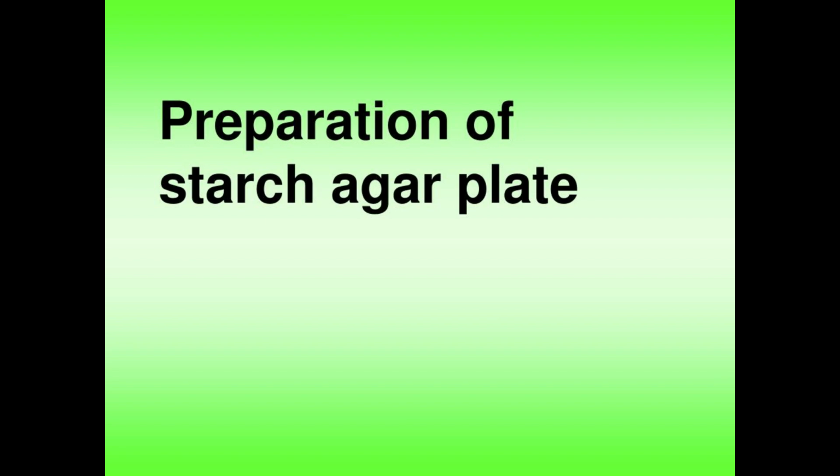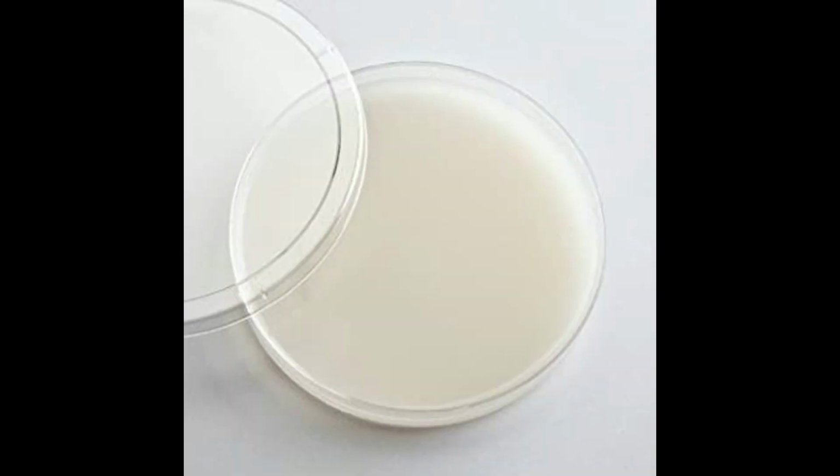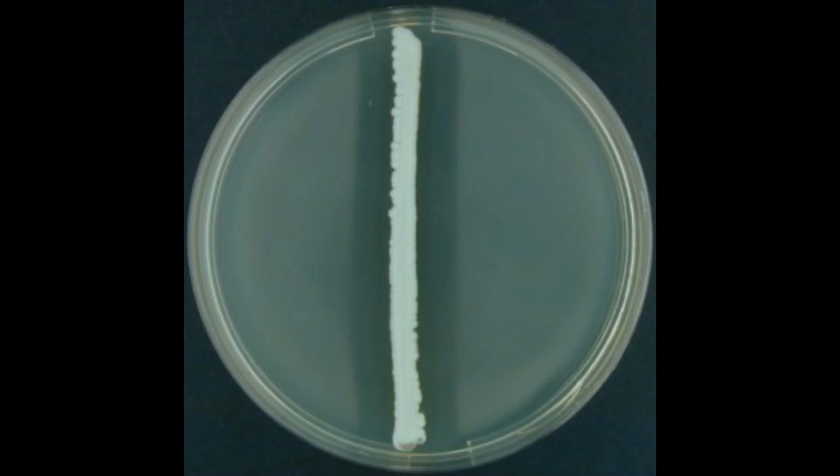For this, a very important requirement is a starch agar plate. Now what is this plate? It's a normal agar plate, but along with that, 1% starch is added, which is called a starch agar plate. We will roughly divide this plate into two halves.